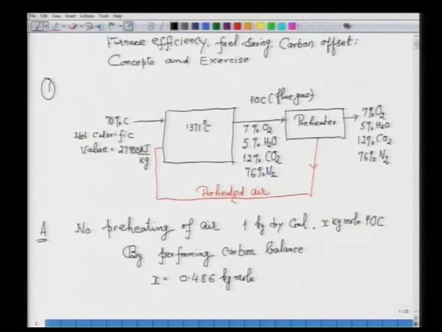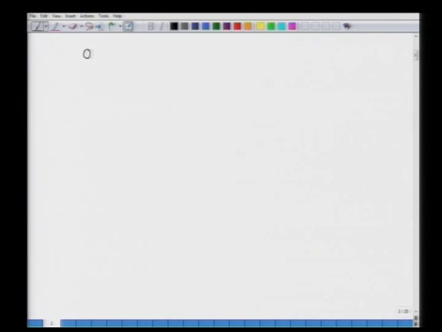Now, the next task is to find out the amount. So, I will write down here: this is the oxygen, then we have CO2, then nitrogen, then H2O vapor. Remember, that is very important. Accordingly, you should use the heat content.